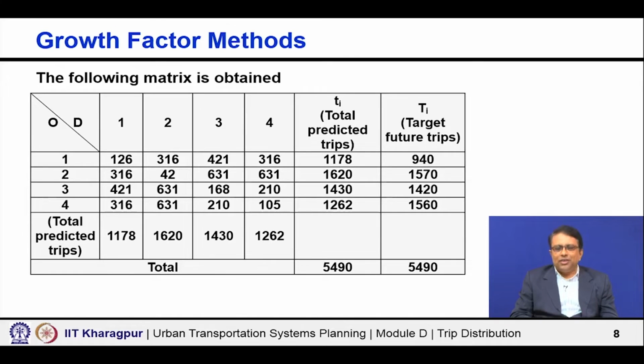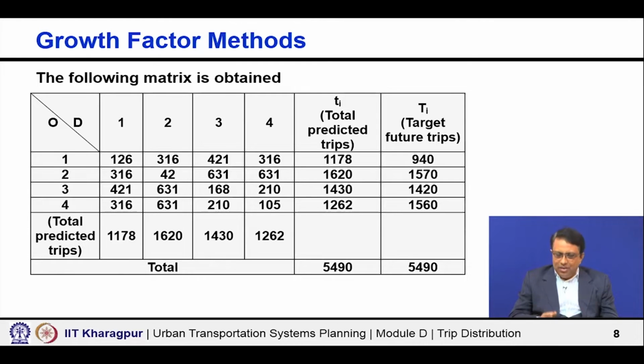We were supposed to get, our targets were to get 940 for zone 1, we got 1178. Similarly for zone 4, our target was 1560, we got 1262, and the remaining also have some differences.